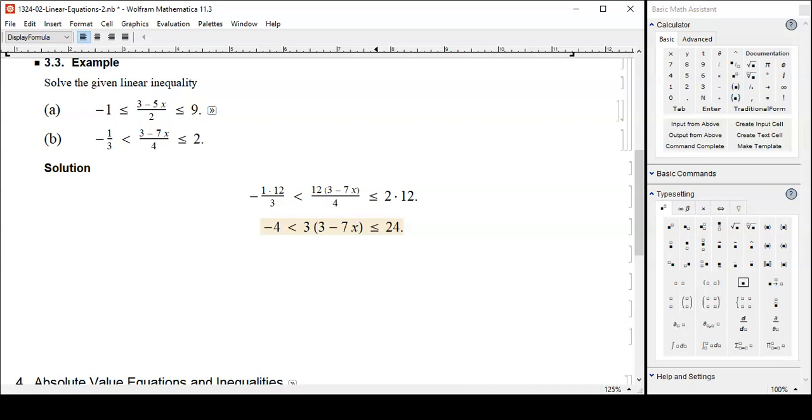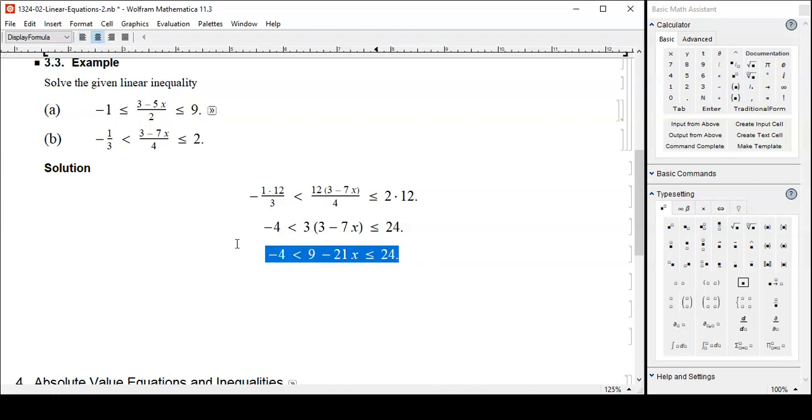No more denominator. Now step 2, do we have parentheses? Previously, we didn't have to worry about parentheses, but this time we do. We do have parentheses, so let's break it up. Negative 4, and then 9 minus 21x. How's that? Distributing 3, we get 9, 21.